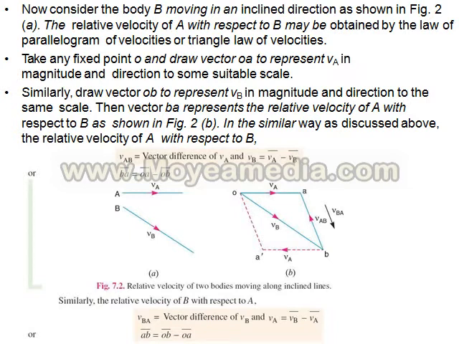We can calculate this relative velocity by graphical analysis in this way. So Vba is equal to the vector difference of Vb and Va, equal to Vb vector minus Va vector. When we do this practically, we can understand how to do it.